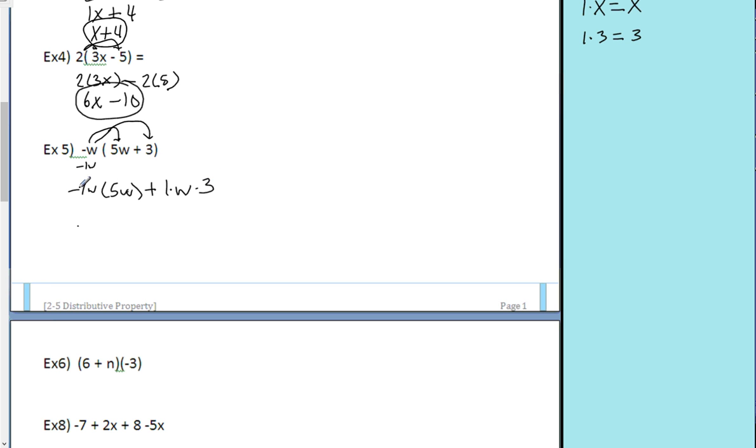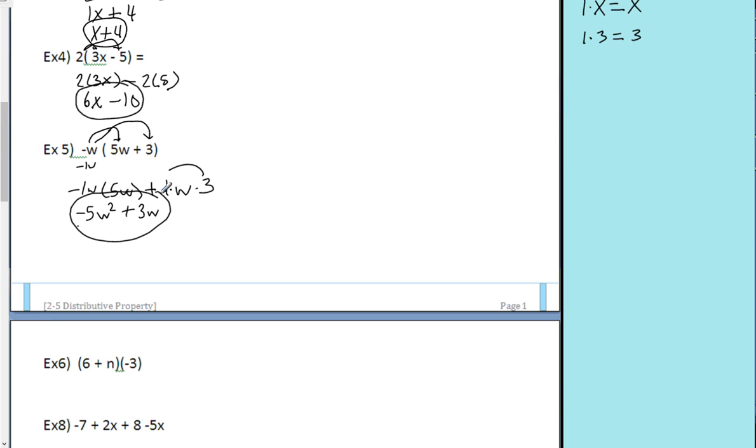Now, associative property says I can multiply things in any order. So if I have a negative 1 times a w times a 5 times a w, let's multiply the numbers first. Negative 1 times 5 is negative 5. W times w is not 2w, it's w squared. Plus negative 1 times w times 3. Well, let's multiply the numbers first because we can do that with associative property. Negative 1 times 3 is negative 3 times w is negative 3w.